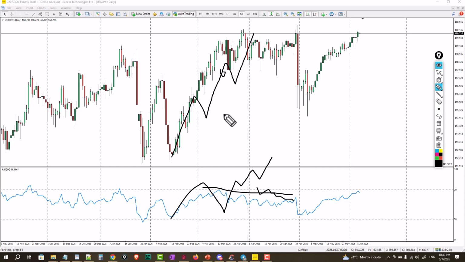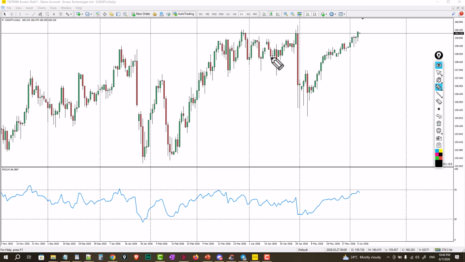So basically, this tool is helping us to gauge the strength of a move. That's why when I saw that this move just ripped through the charts with just a couple of candles, and then this one was kind of struggling to break above this resistance, I knew that the momentum here was weakening, and compared to the momentum we had here, this was very, very strong.